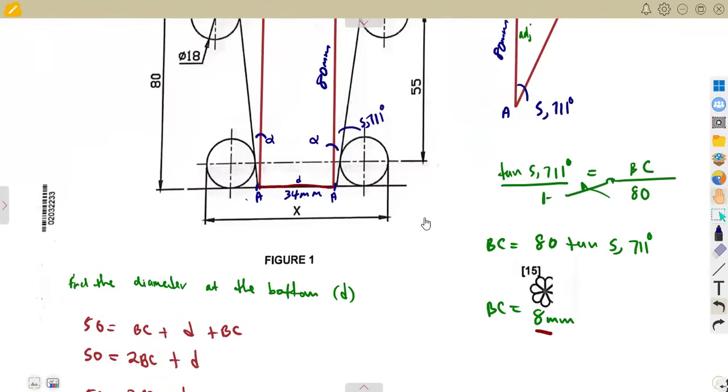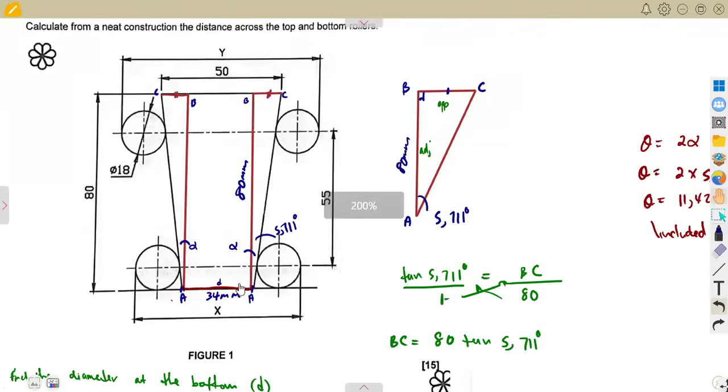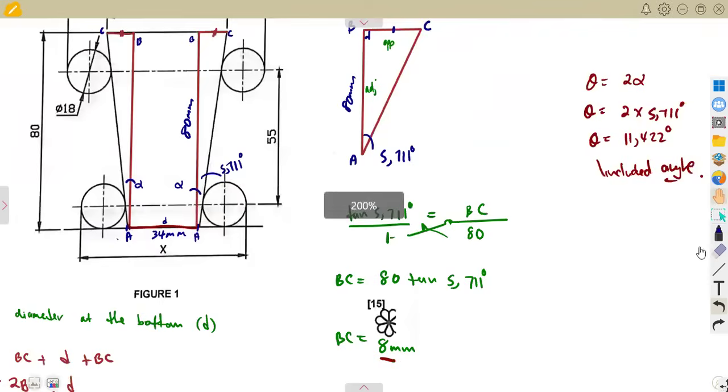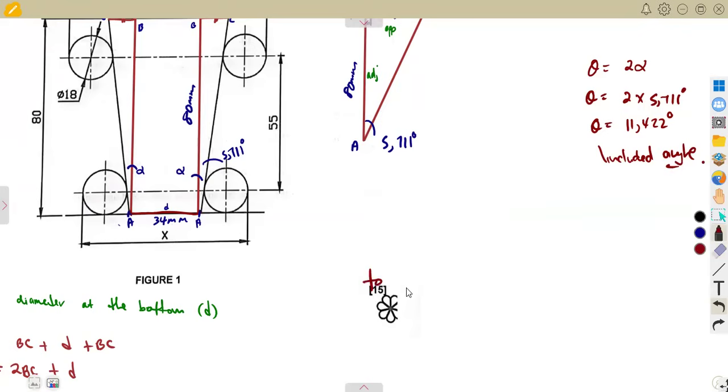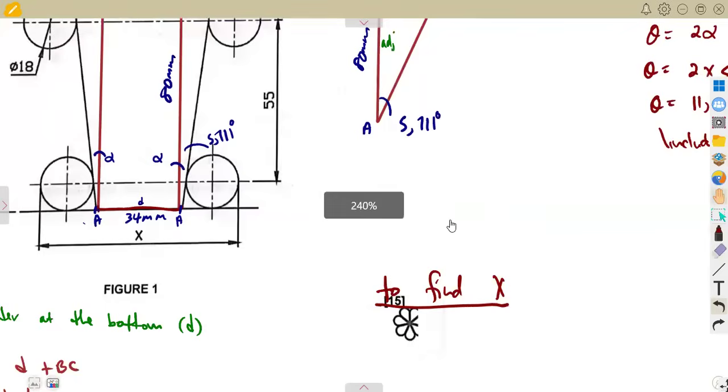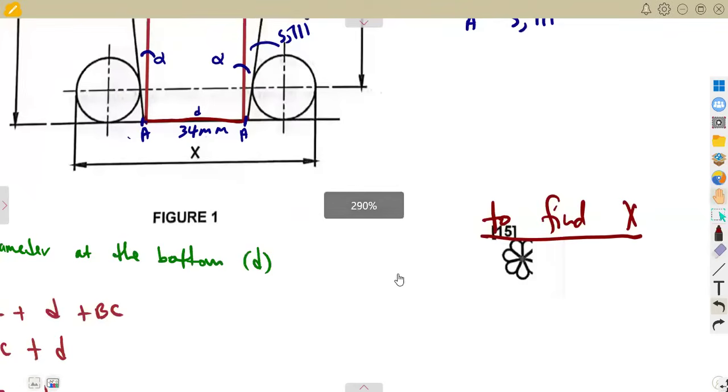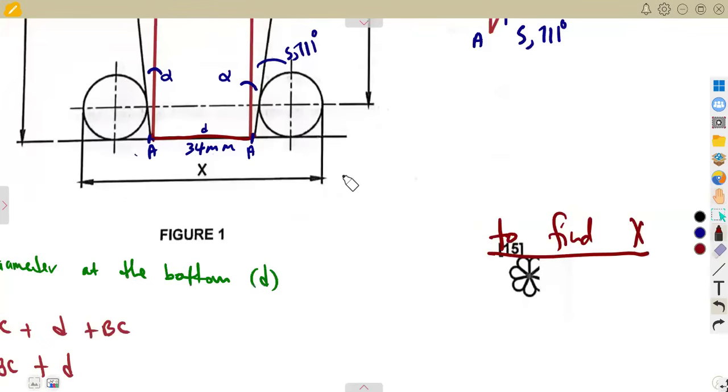With this information, we will see that it was necessary, because to find x, the distance at the bottom here, x is a combination of a lot of things at the bottom. It is the distance from this point up to this point. That is where our x is.